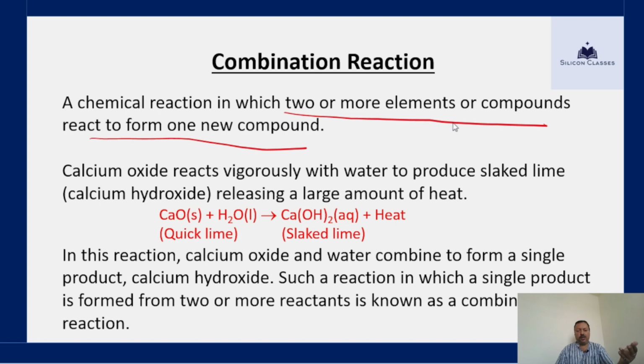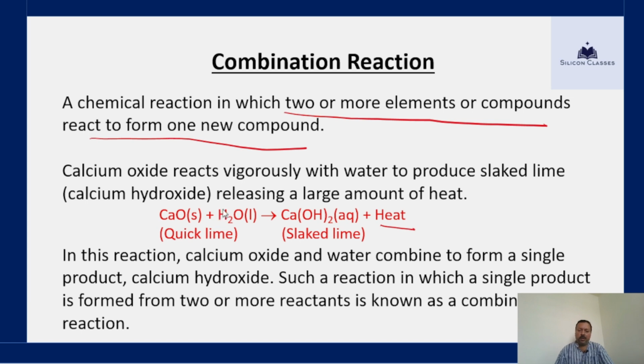We have already discussed there are mainly 4 characteristics of chemical reaction. One of them is that heat may be evolved during a chemical reaction. So in this reaction, heat has been evolved. Here, calcium oxide reacts with water to form calcium hydroxide.